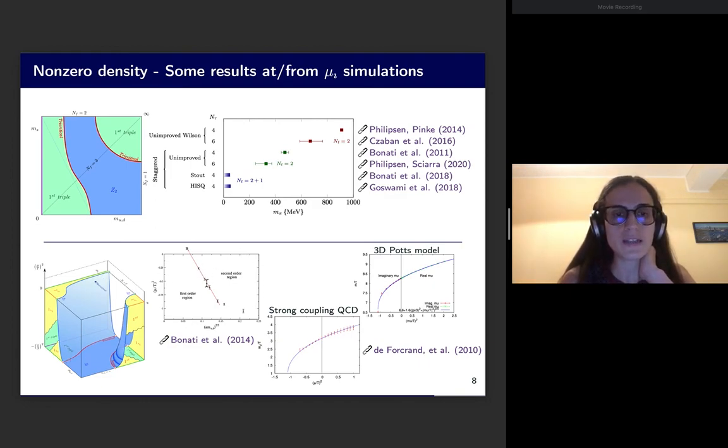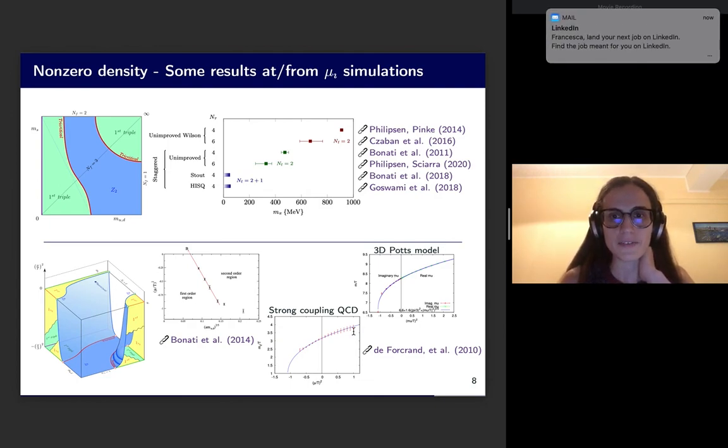And this was also done on rather coarse lattices, I would say, back in 2014, with the result that at mu equals 0, you have a finite width first order region. And actually, this is the window in which it was possible to fit according to tricritical scaling exponents. And then people have looked also at what is happening analogously in strong coupling QCD as well as in the 3D Potts model, where similar patterns are found.